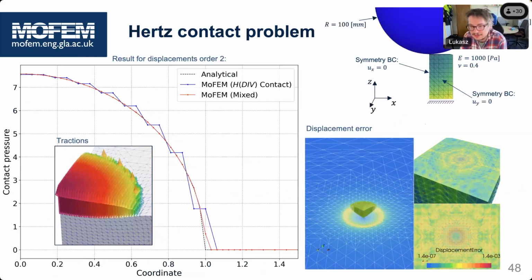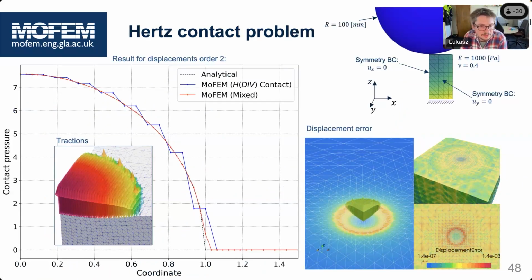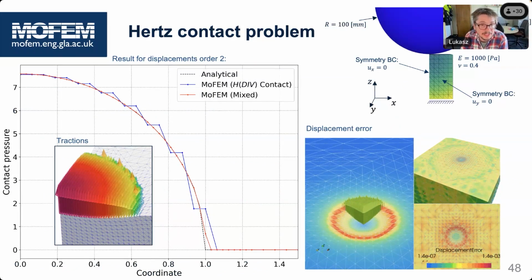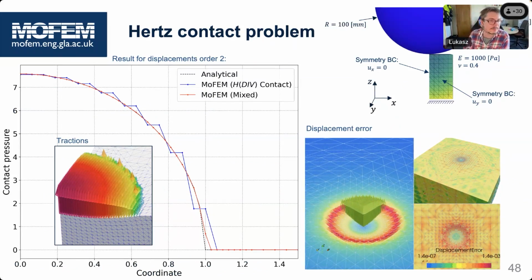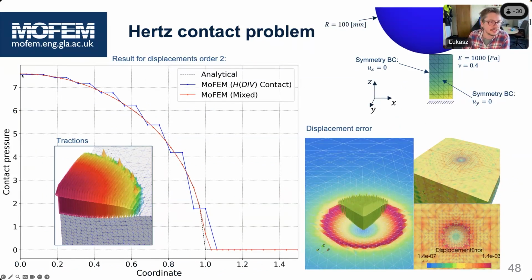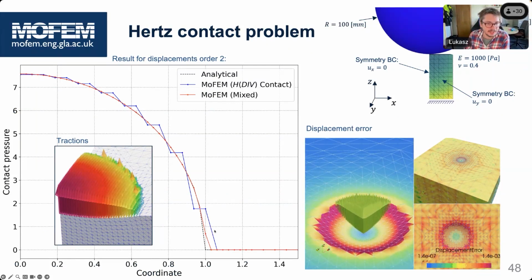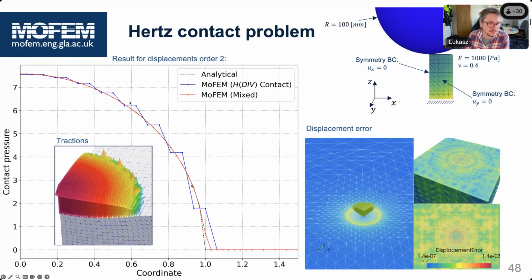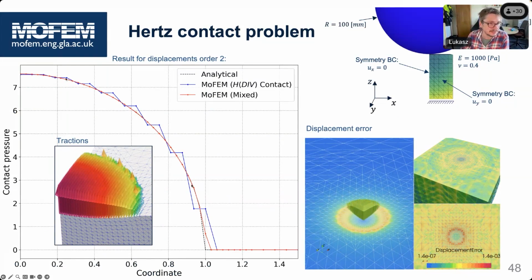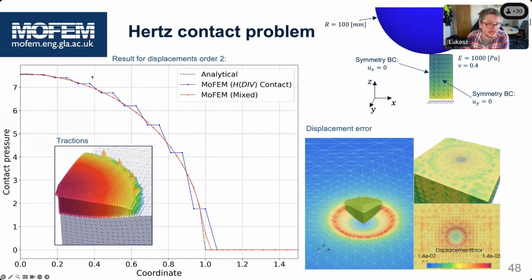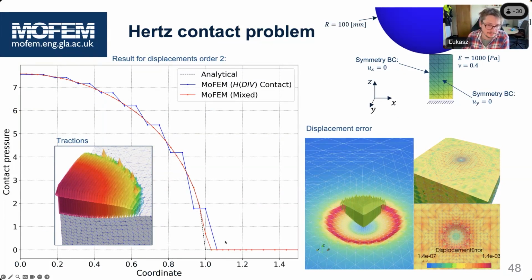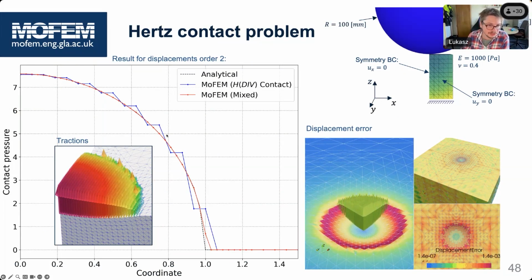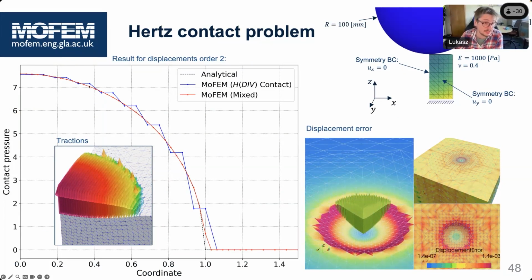And then you can see how this works for the classical problem of the Hertz contact. This is the contact with the second approximation order for the H-div space. Because we have constant, linear stresses, we have this solution, which is a good approximation for the given approximation order.